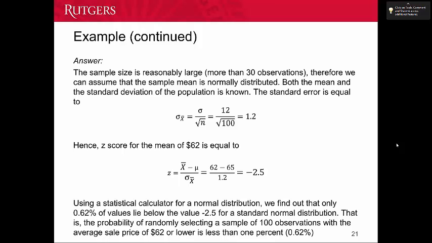In this case, we find that only 0.62% of the values lie below minus 2.5 for a standard normal distribution, which means the probability of randomly selecting a sample of 100 observations with the average sale price of $62 or lower is less than 1%.